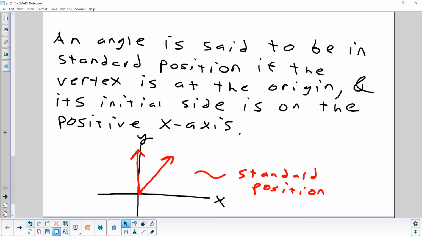Okay, is the vertex at the origin here? Yes. I agree. All right, what's the other thing it has to have? It's not, because the initial side isn't on the positive x-axis. Correct. The initial side isn't on the positive x-axis. It looks like the terminal side is close to the y-axis, but that doesn't mean anything. The initial side has to be down on the axis, just like that. And that's an angle that's in standard position. Okay. Any questions on that?